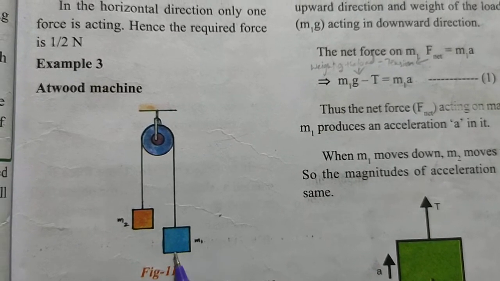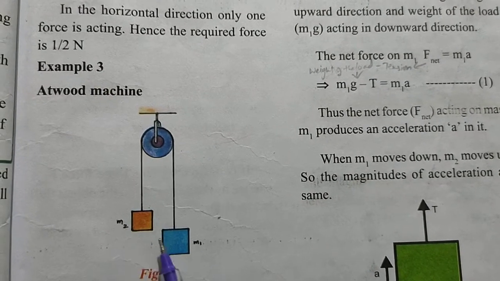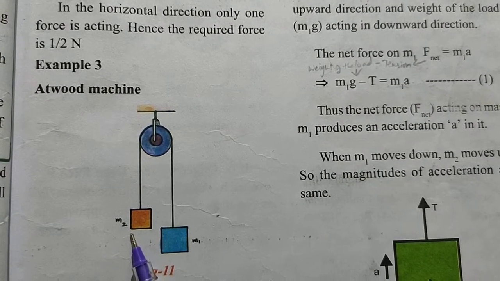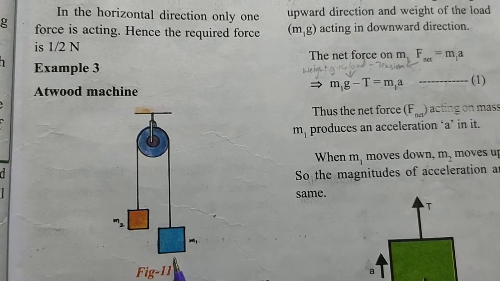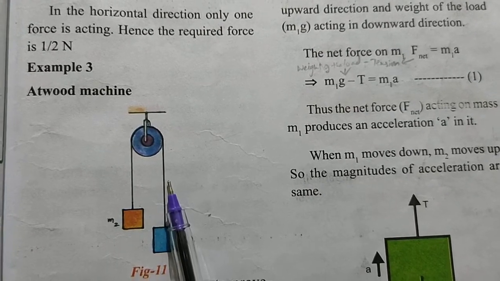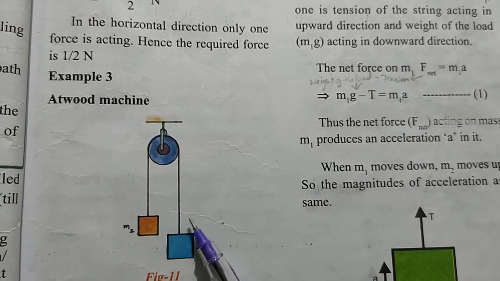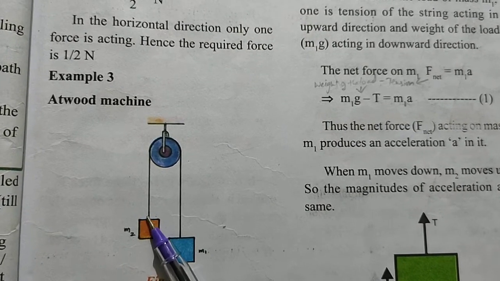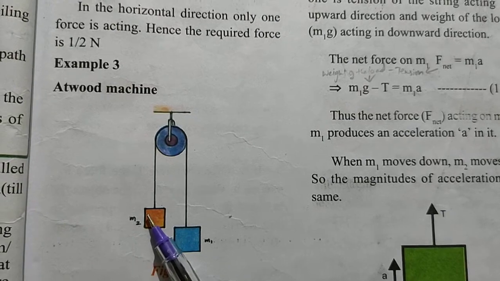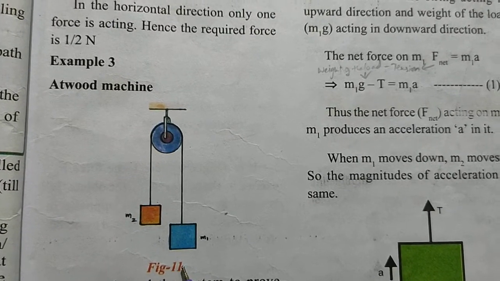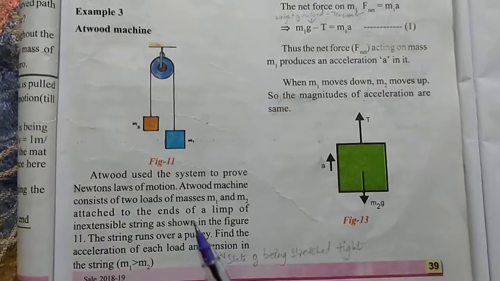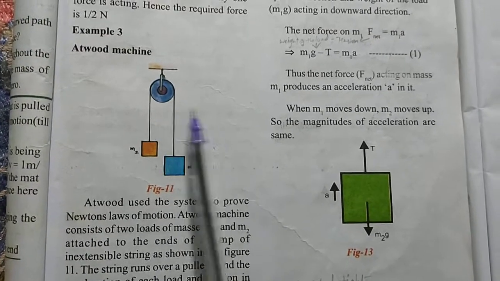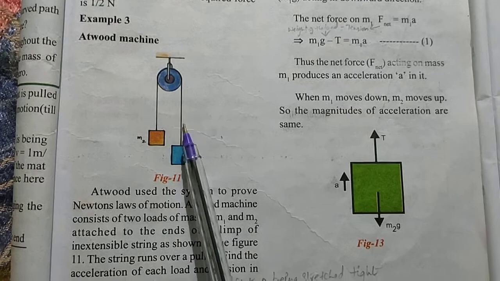It is clear in the figure that M1 is greater than M2. That's why it is hanging below and M2 is hanging a little bit above. Now we'll solve a problem related to this, or we'll derive the equation for this type of condition.